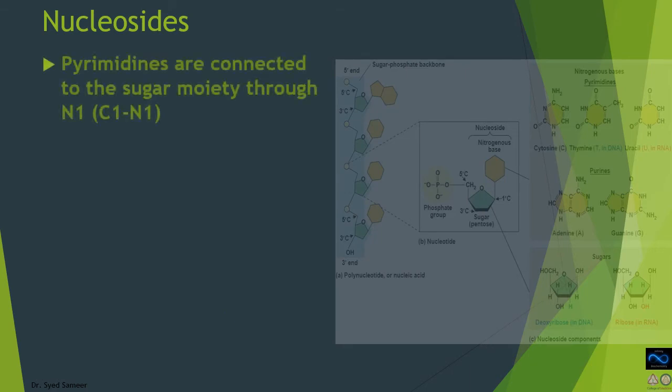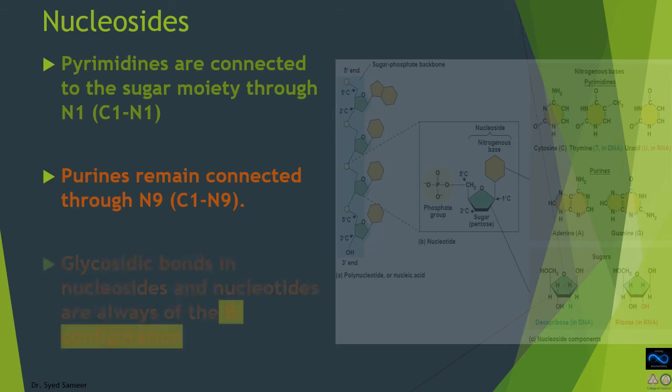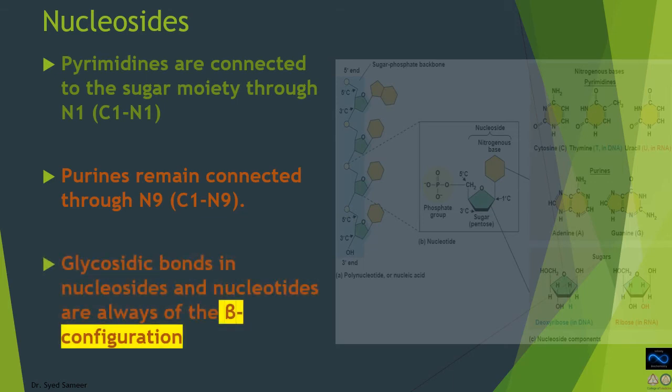So pyrimidines are connected to the sugar moiety through N1, that is C1 and N1, and purines remain connected to the sugar via N9, that is C1 and N9. So what bond is this? A glycosidic bond, and this glycosidic bond is always in a beta configuration.